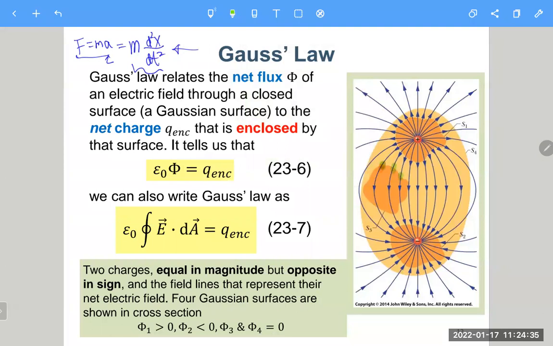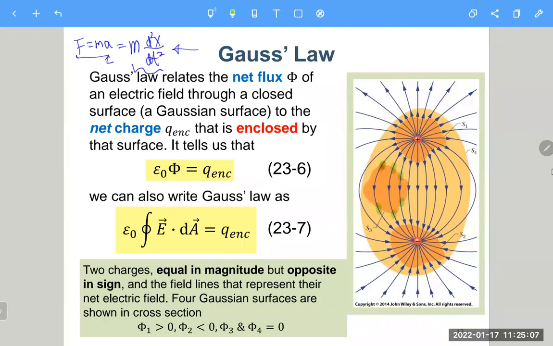And for this one, they are going outside, so they are positive values. So for this part we have a positive flux, for this part we have a negative flux, but they perfectly cancel each other according to Gauss law, because we see that Q enclosed is 0. So the flux for this S3 must be 0.